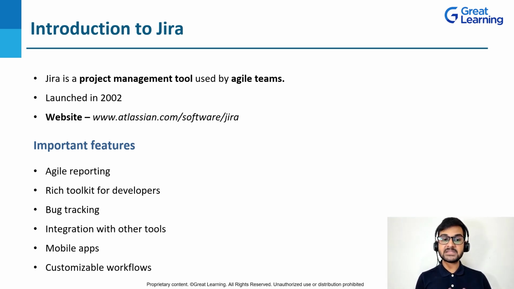Then there are mobile apps and customizable workflows, because when we are working on different projects, each time we will have to customize the tool according to the specified needs, and that is possible with Jira because we can customize the workflows. So these are some of the important features.